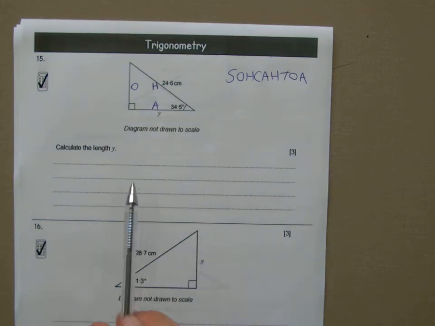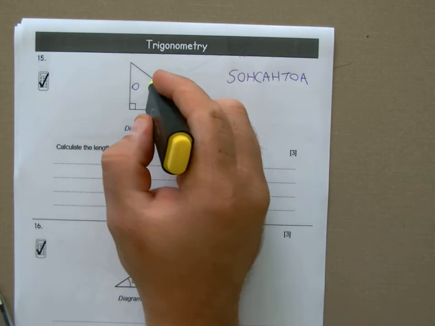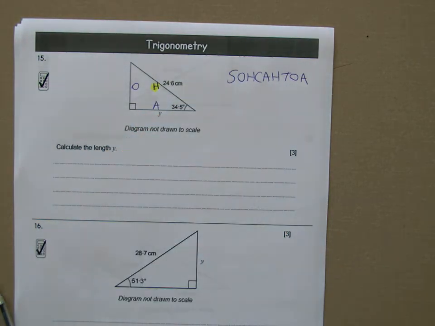Then once you've done that, we're going to use two of these letters. We never use more than two. We don't use the three in one question, so we're only going to use two. Of course, in this case, we'll use the H because they've given us the H. Always use the side that they've given you, because we can use that value, 24.6.